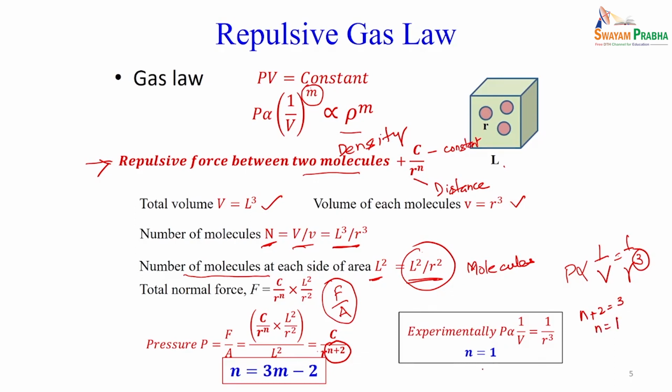So for this repulsive nature, n is coming to be 1. Further, one can generalize this as n equal to 3m plus 2. So here for the gas law, the value of m is equal to 1. So if you put 1 here, n will again be 1. So this proves that there is a repulsive interaction between the gas molecules.